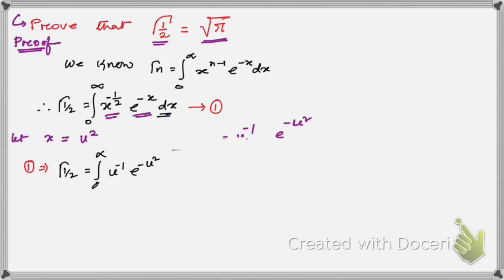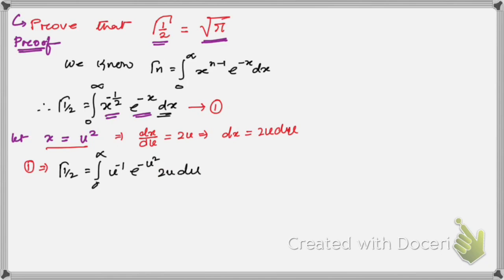So let me clean this. If you differentiate this with respect to u, then what you will get: dx by du is equal to 2u, which implies that dx is equal to 2u du. So instead of dx we can write 2u du.